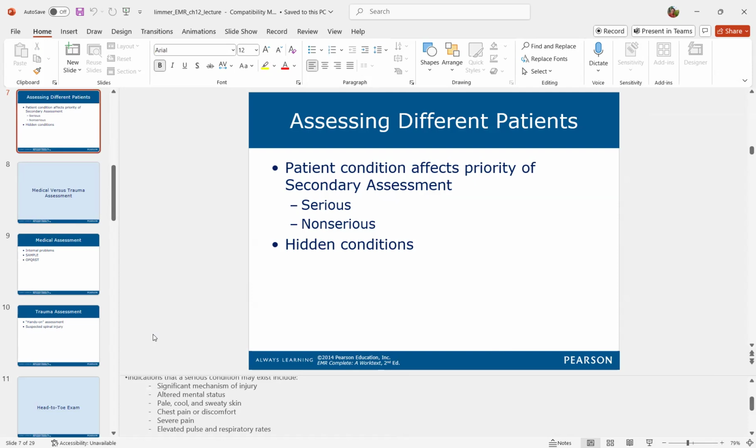Something's going on internally. If they're having chest pain or discomfort, if they're in any kind of severe pain, sometimes abdominal pain, or if they have an elevated pulse and respiratory rate, which is the start of the signs and symptoms for shock, which we'll talk about when we get to trauma. Your pulse rate goes up, your respiratory rate goes up, but your blood pressure is pretty good. So those are the initial stages of shock.